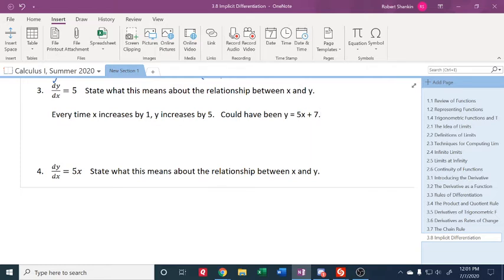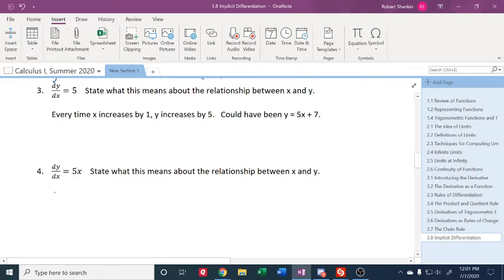Now I want to open this up to anybody. So whenever x increases, then y's output has to be 5 times x. 5 times whatever x is. Very good. Yes.